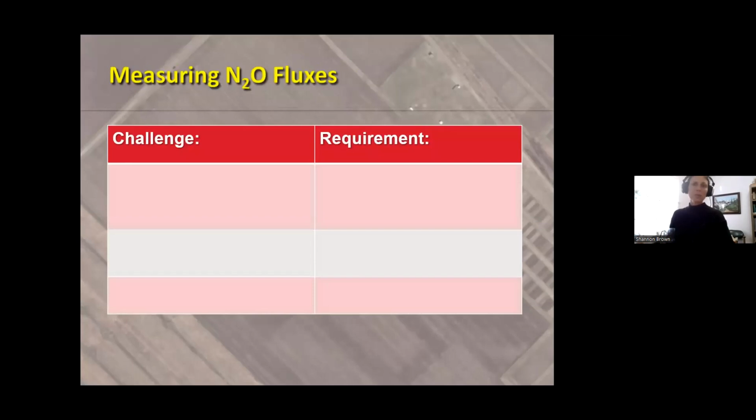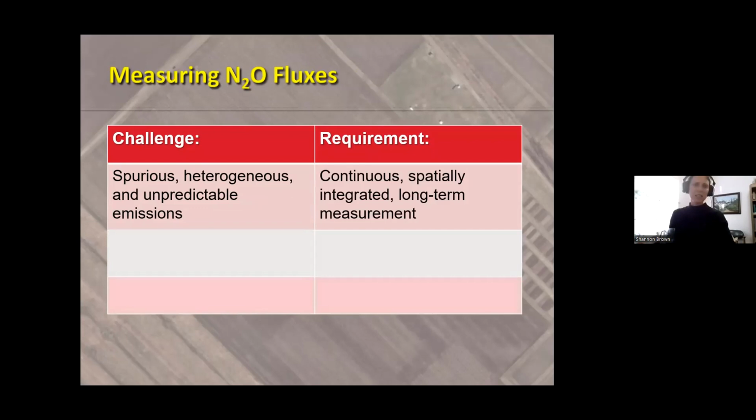So when it comes to measuring N2O fluxes, a challenge is that we have these spurious events that are heterogeneous in time and in space as well. There are usually hot spots of emission in any given field that's emitting N2O, and the timing of these emissions is also very unpredictable. To capture those fluxes, it'd be ideal to have continuous, spatially integrated, and long-term measurements of N2O.